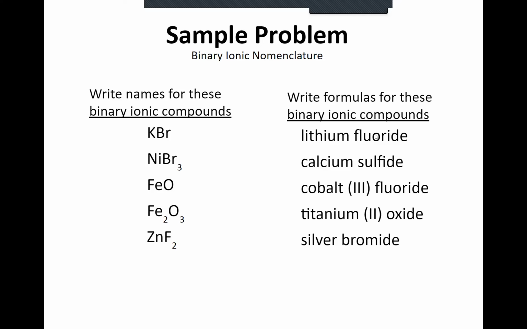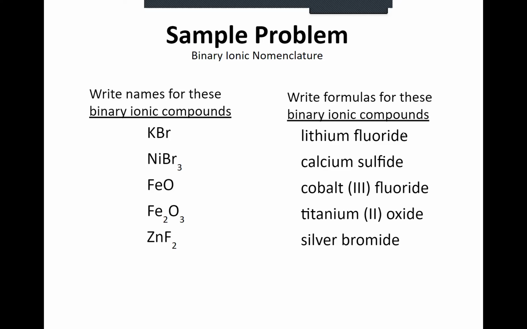Now let's write formulas. Here are the names. Lithium fluoride. Here's where you've really got to look up on the periodic table and note the element's charge for its column. Lithium is in column 1. That's +1. Fluoride, well, that's the "ide" ending for fluorine. Fluorine's in column 17. That's a -1 charge.